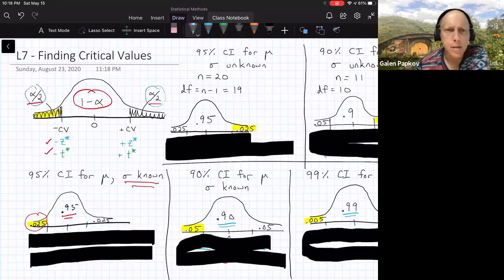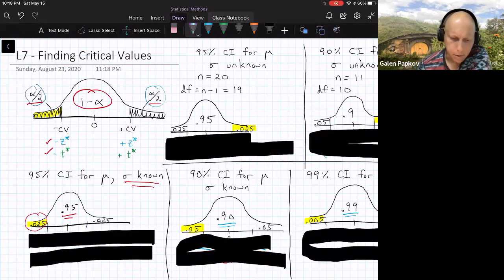So I tend to use the left side for finding the critical value using the Z table, and the right side for finding the critical value using a T table. They're the same value, the same magnitude by symmetry, but that's kind of how I think. That process is used regardless of which table you're going to be making use of.